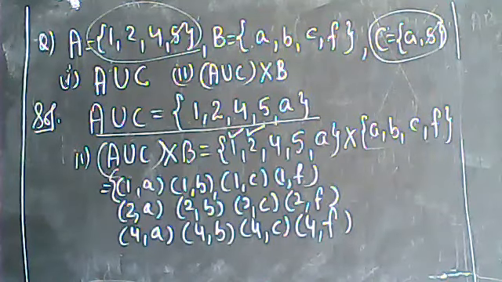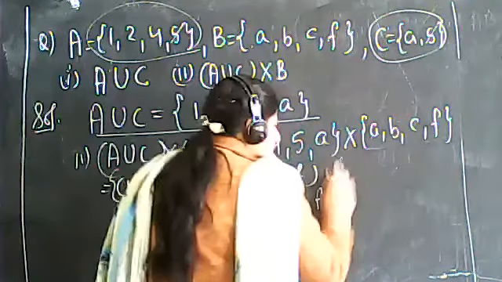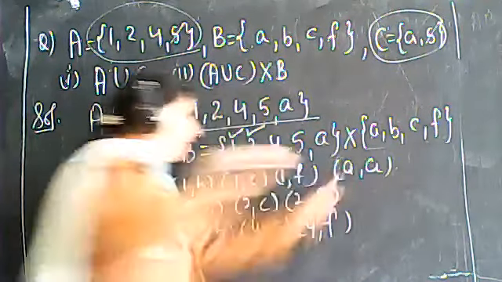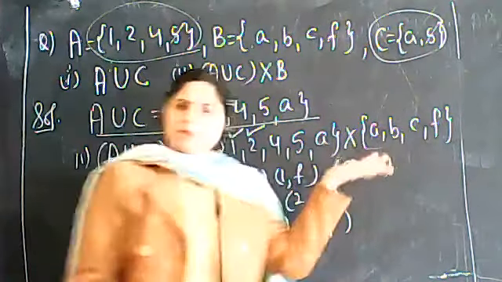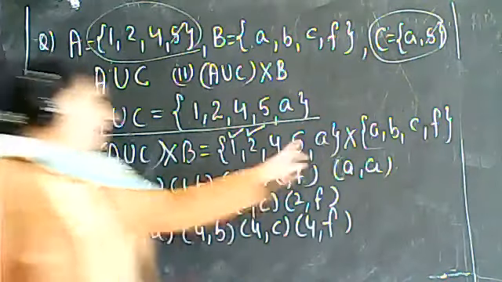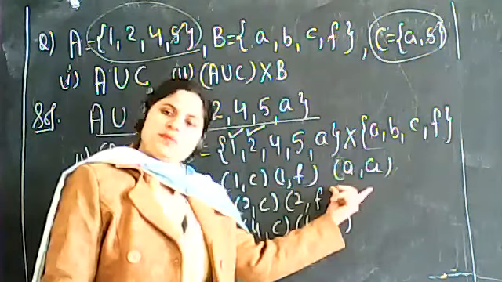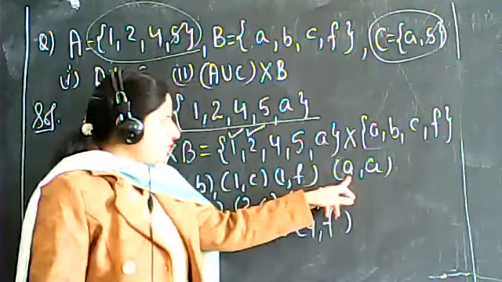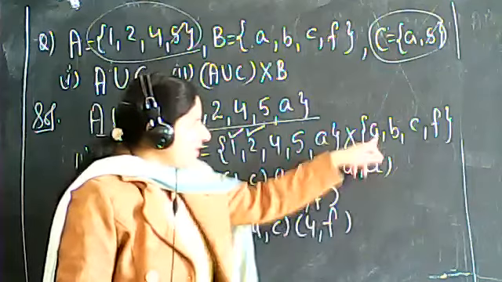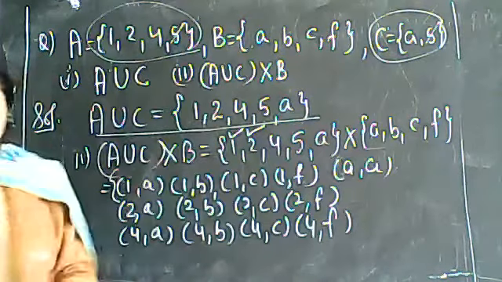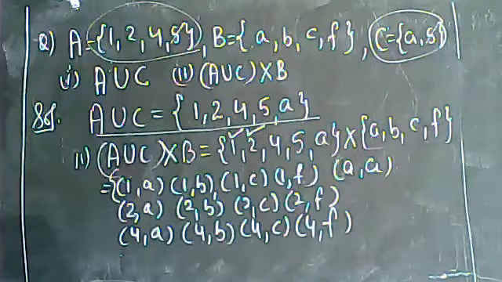Ma'am, since in A union C there is A and in B also there is A, can we write both as it is common? Beta, both will come, because it is the collection of ordered pairs. So this pair is (A, A), where first A belongs to the set A union C and second A belongs to the set B. The element is present in both the sets, so it will come in the ordered pair, because when we are talking about the first position, it belongs to the set A union C, and when we are talking about the second element, that is this A, this belongs to the set B. (A, A) will definitely come in this, okay beta?